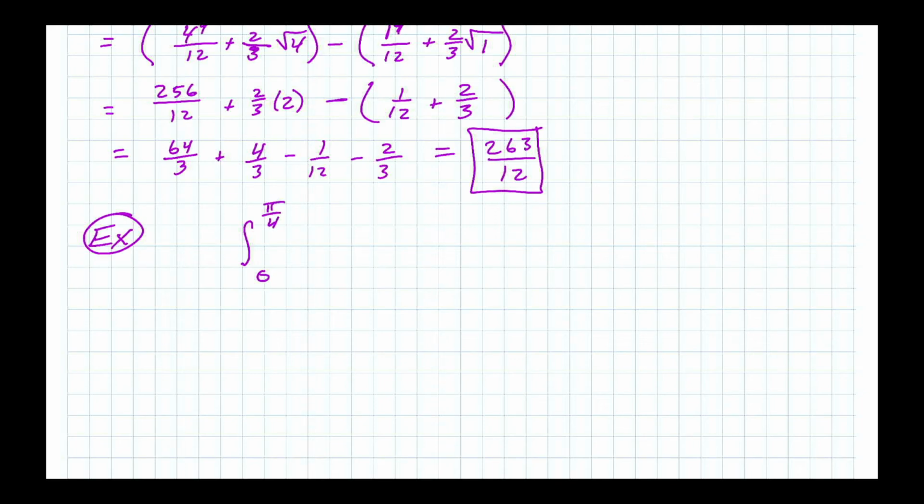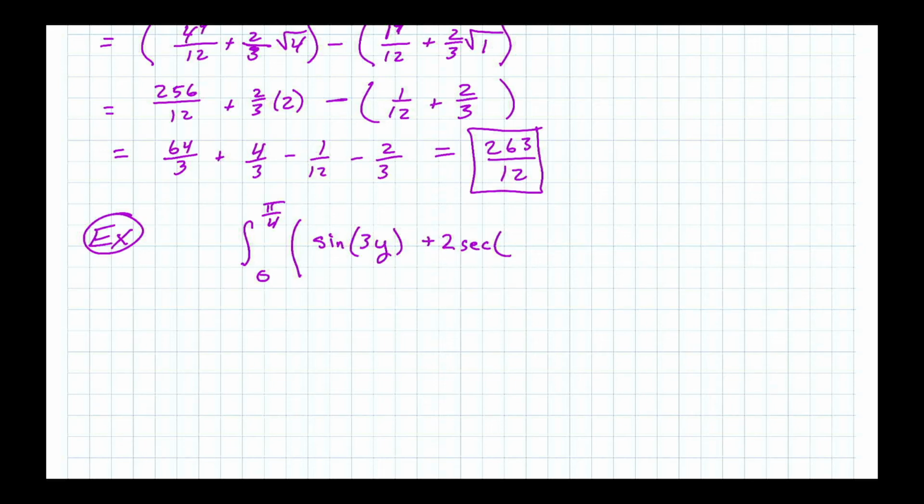I'm trying to come up with a function that exists everywhere, so we don't have any issues. So let's go sine 3y, just to change the variable, plus 2 secant.